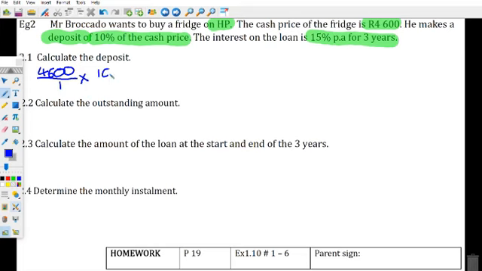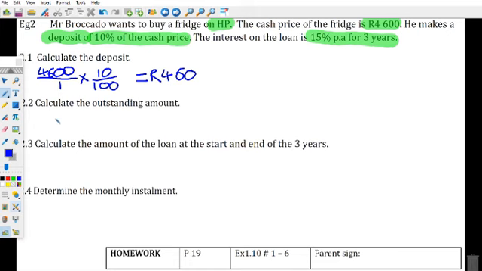It is 10 over 100. Yes, I understand there's a percent button in your calculator, but I want you to do 10 over 100 because I want you to understand where that 10% comes from. So 10% of that is going to be 460 Rand.